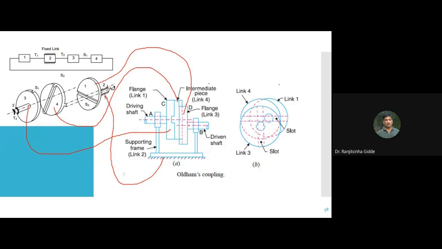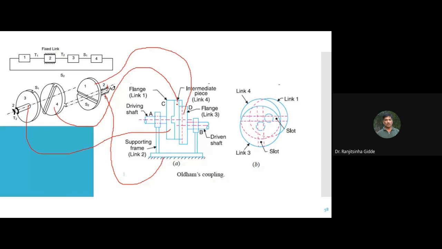Now to get aligned with each other, we need to have such a slotted flange at one end, such a slotted flange at the other end, and the component which has extruded parts on both sides needs to be considered as the intermediate piece. So this is the Oldham's coupling.